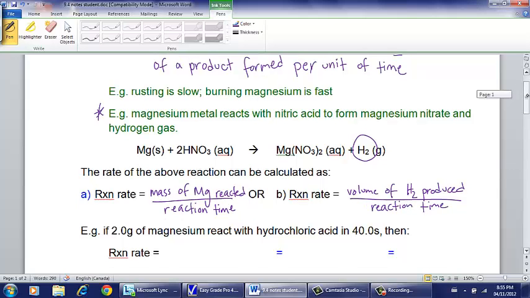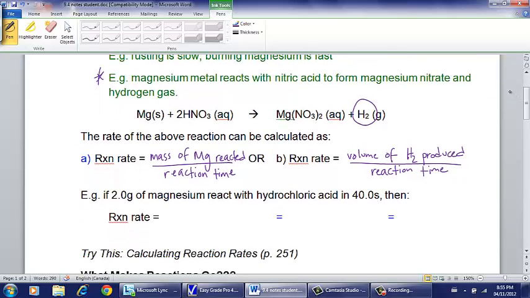So looking at this again with actual numbers, if we used up 2 grams of magnesium and we reacted it with hydrochloric acid and it took 40 seconds, then we could say the reaction rate is the mass of magnesium reacted divided by the reaction time.